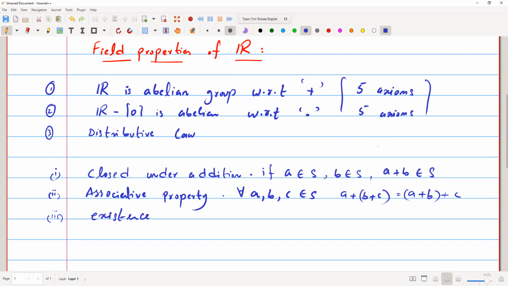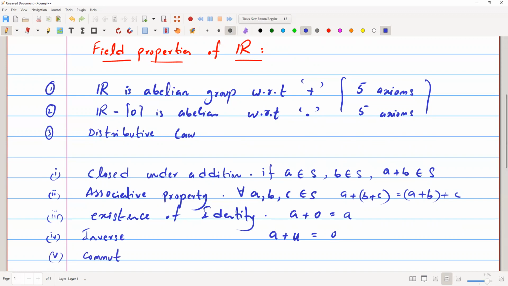It means that if we add the identity to some number, then it gives the same number, that is, A plus 0 equals A. And then the 4th property is the existence of inverse, which means that if I add an element to this A, I'll get the identity, that is 0. And number 5 is commutativity.